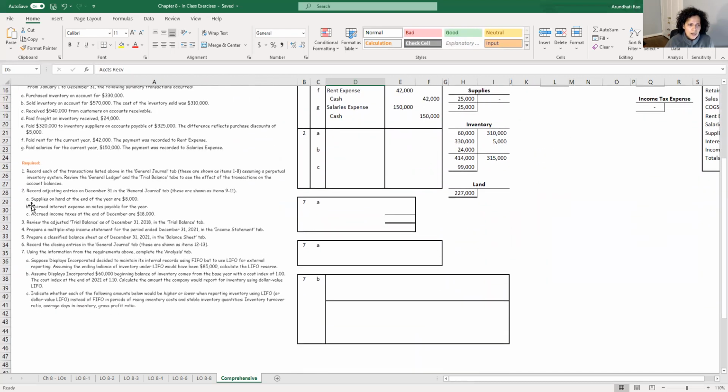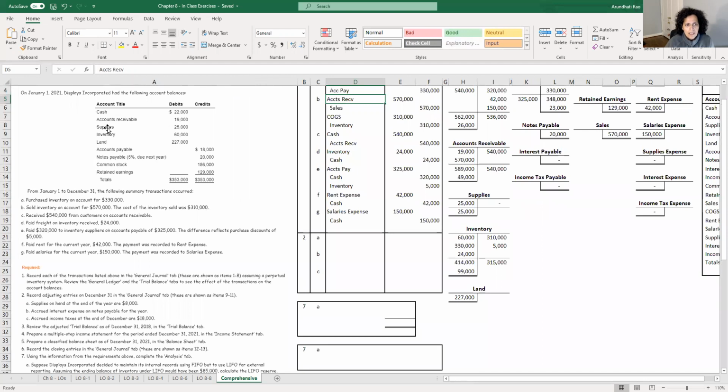For the adjusting entries, I'm told supplies on hand at the end of the year is $8,000. Supplies, I had 25,000. 8,000 is remaining with me. So my journal entry over here is going to be supplies expense debit to the extent it was used up. I debit supplies expense, and I need to decrease supplies, and that's going to get credited.